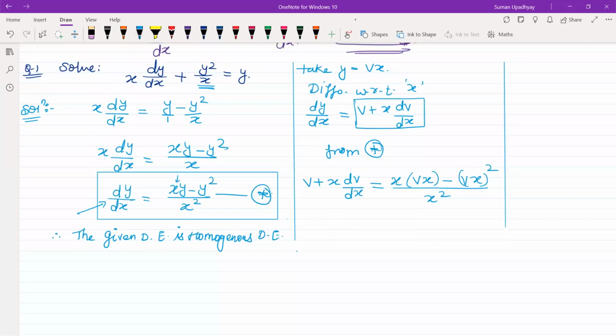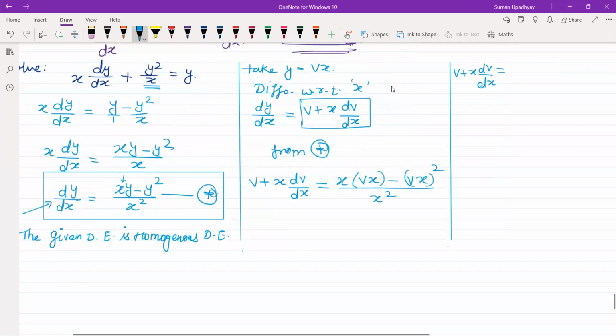Now let us simplify it further. On one side v plus x dv by dx, and on the right hand side the term will be v x square minus v square x square over x square. What is common in the numerator? x square is common.